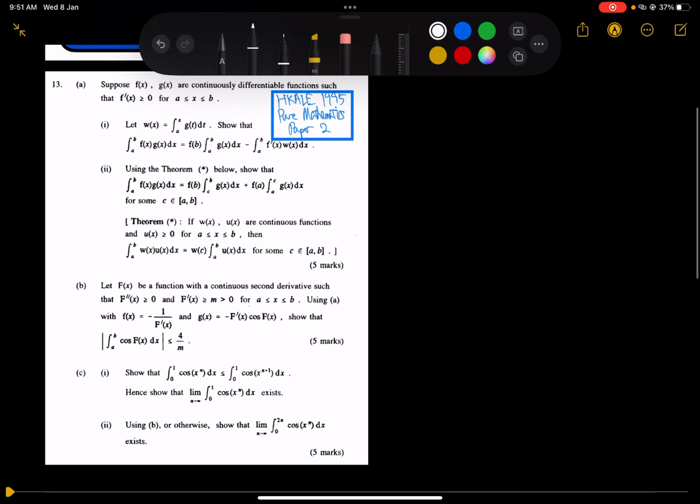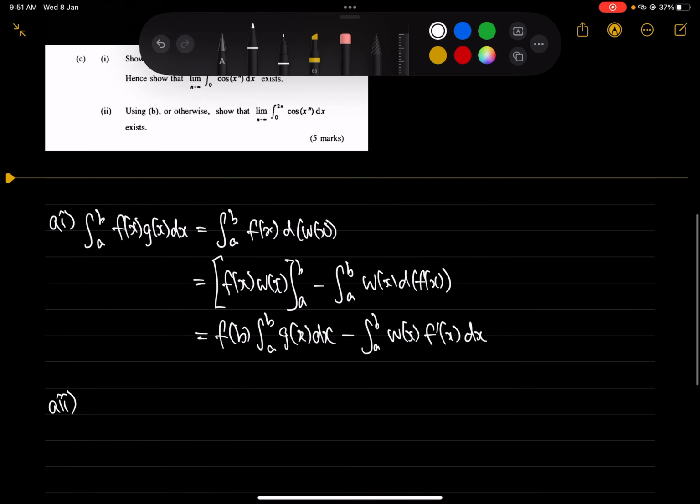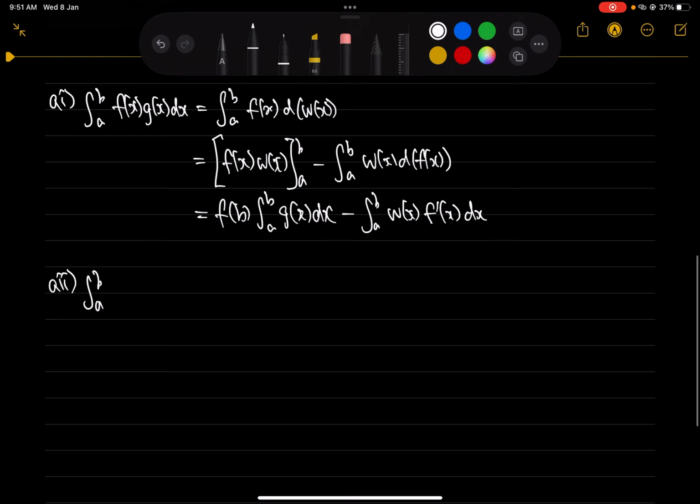Part A2 is also simple. We're given theorem star and we want to prove whatever's up there. So obvious fact, we could use part A1 as well because we just proved it.